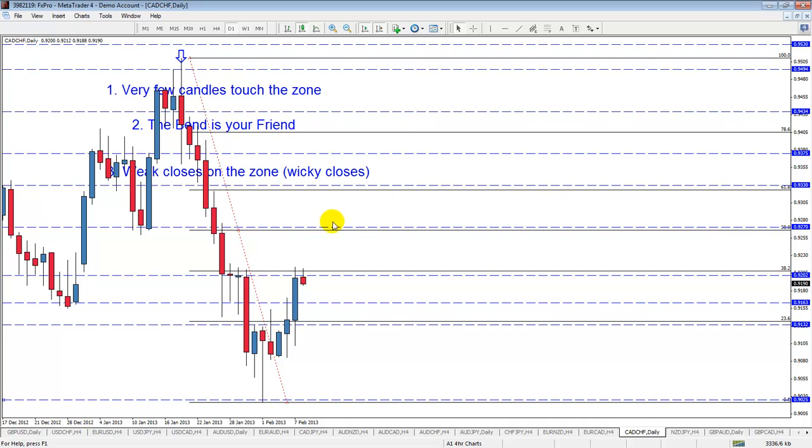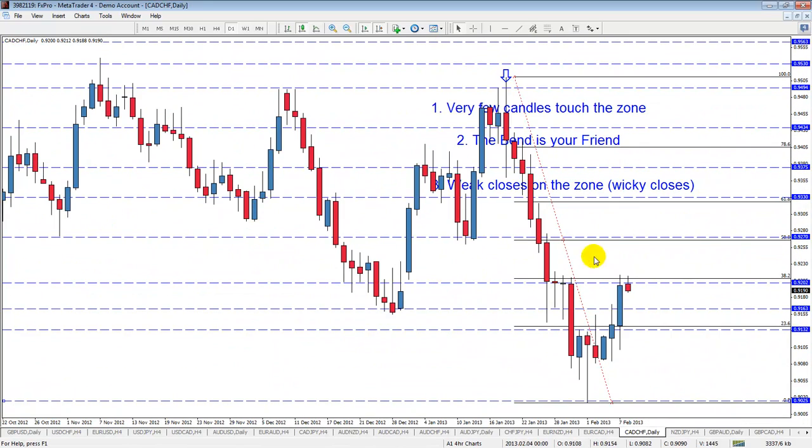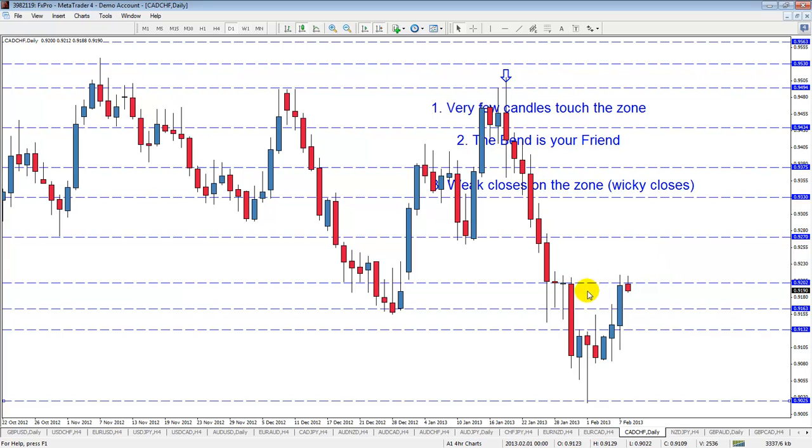So assuming it doesn't go to the next zone, which happens to coincide with the 50% retracement, or the next zone, which happens to coincide with the 61.8, it would be a good spot for it to retrace here. Certainly here, or even slightly better would be 50. So that's a good point, Mike. That's a great point, actually. Thanks for that.